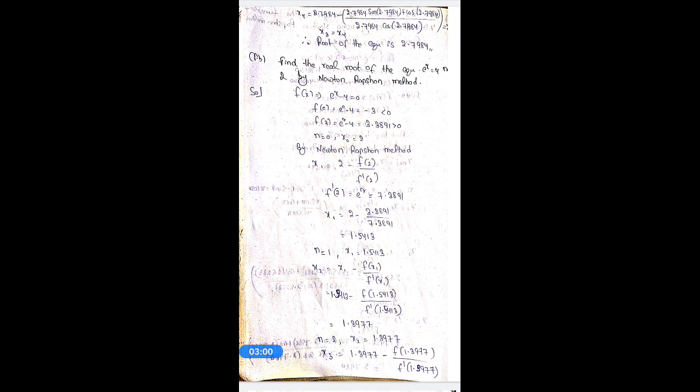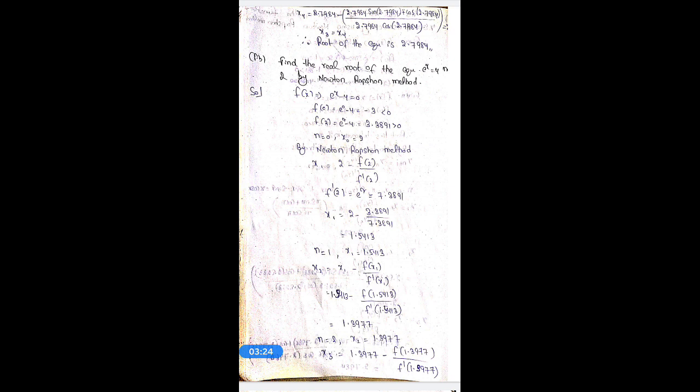f(x) = 0 is given as e^x - 4 = 0. Therefore, f(x) = e^x - 4, and f'(x) = e^x. Given that x0 is 2.